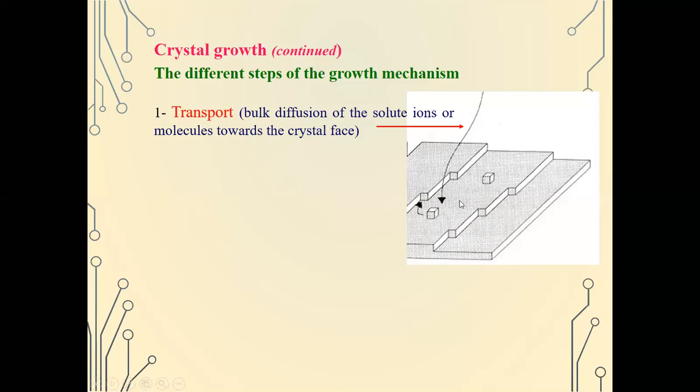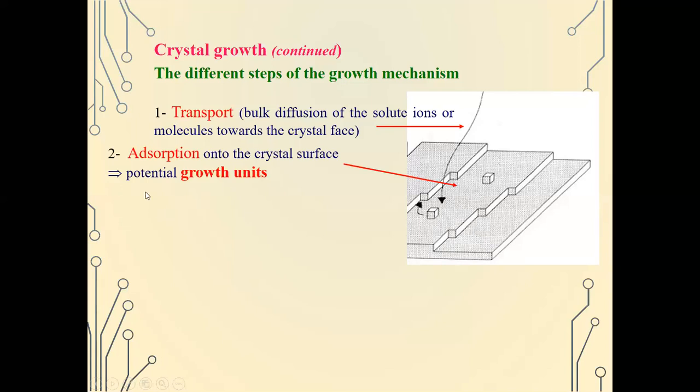On the terrace, you have a single bond, and on the step, you have two bonds. Then they get adsorbed on the crystal surface where there is potential growth. So they get transported, transferred here, and adsorbed on those particular points which I have already mentioned, where they are now considered potential growth units.